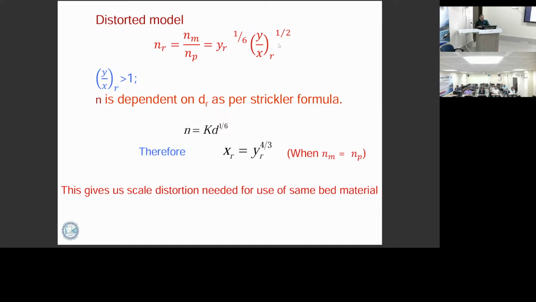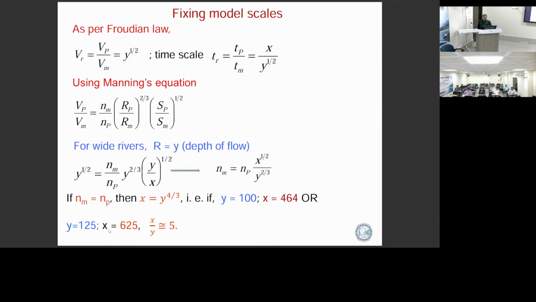If you simplify this, you will get xr is equal to y to the power of 4 by 3. This gives the model scale. So, for example, if you have 100 for x, you can calculate what y should be based upon these equations.